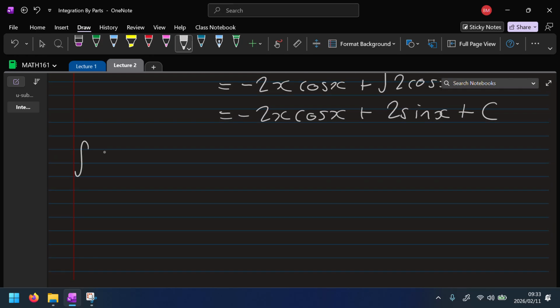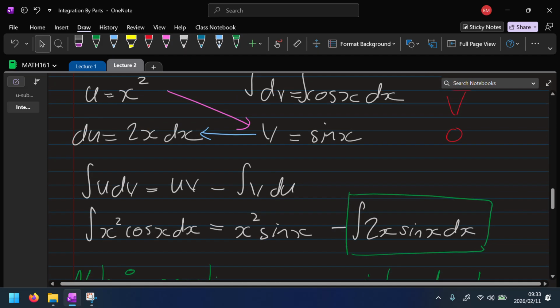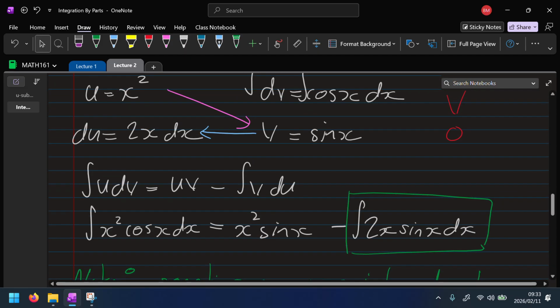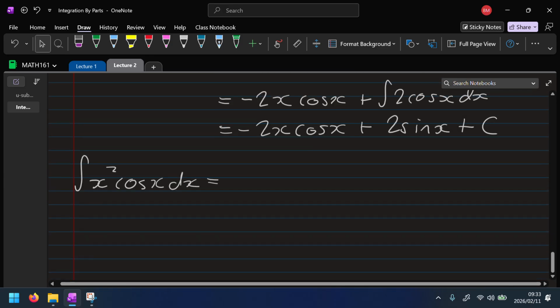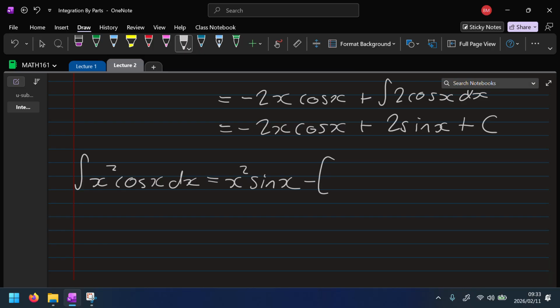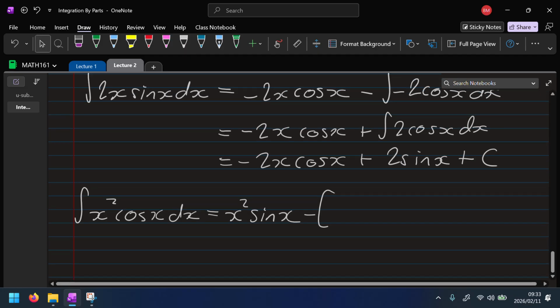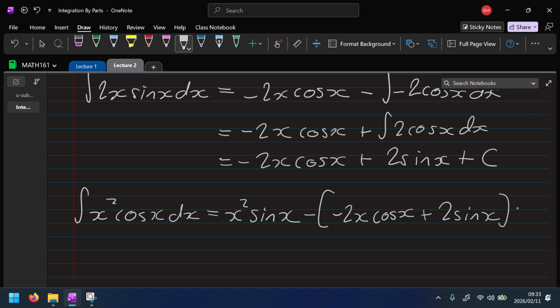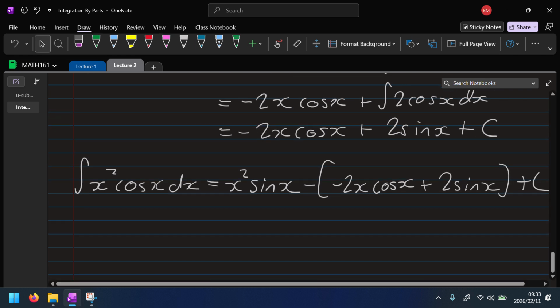So integral of x squared cos x is equal to what we had at the beginning, x squared sine x minus, and then in brackets, it's all the stuff we did for that side work. So just above there. You can put the c on the outside there.